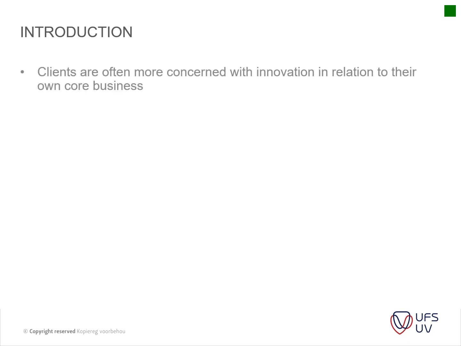Okay, moving along, we get to clients are often more concerned with innovation in relation to their own core business. This is very relevant, especially for facilities managers. The facilities managers are mostly interested in how they are going to manage this building, how much maintenance they will have to do on this building.